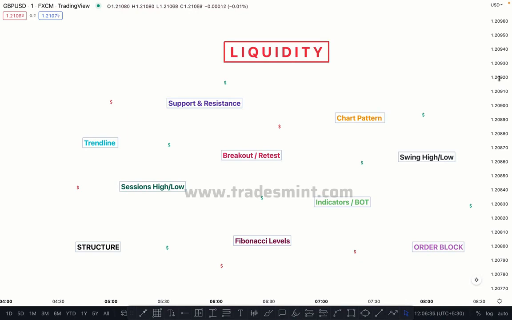They don't care about anything. They trade only based on liquidity, the number of orders. Where are the orders? Where are the entries? They trade based on that, right? They don't trade any kind of structure. They are structure creators, right?